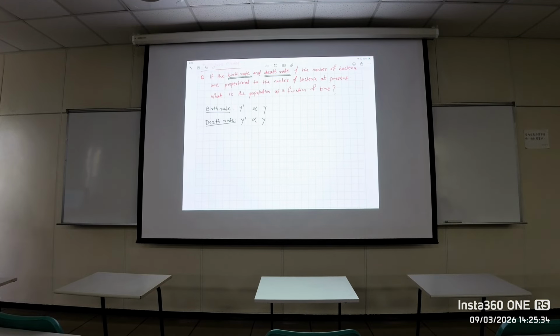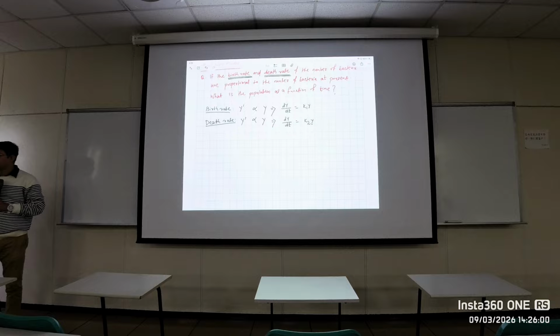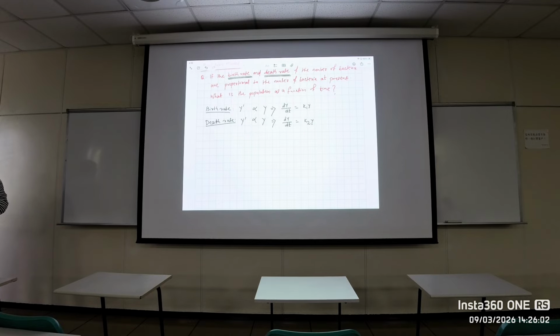That means I can rewrite this one as dy by dt is equal to, let's say, some constant k1 y, and this one dy by dt is equal to another constant, let's say k2 y. So this is how I can differentiate what is the birth and what is the death. Is it okay?